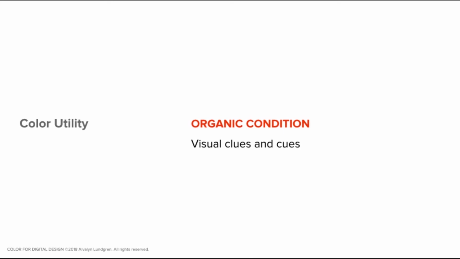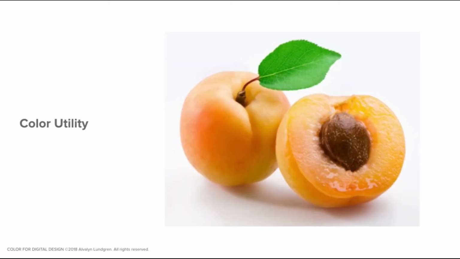The health of something is often determined by color. So we look for visual clues and cues when selecting produce. We have certain color expectations of fruits and vegetables and other types of food that we eat. We want, in this case, our apricots to be kind of a healthy yellow-orange with a little more saturated blush.